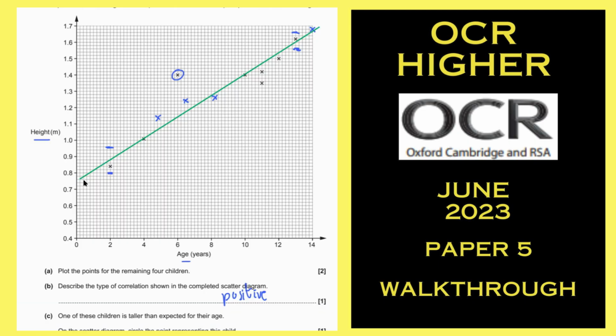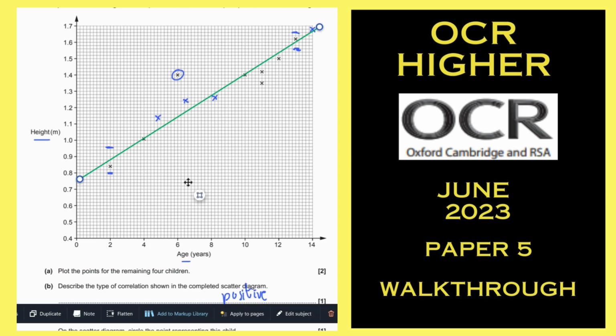You don't necessarily touch it, no point in that. But as long as you're going through those gates, following the general trend, it's going to be fully correct. On to the next part. It did say we need to estimate Kai 8 years old.